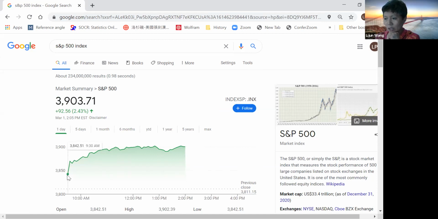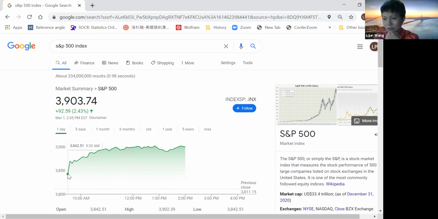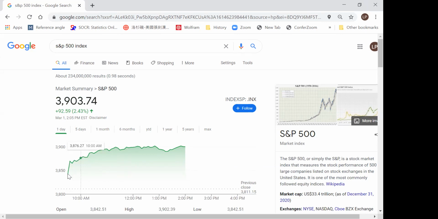Do you see the dot? The red dot, right? This red dot, I'm supposed to move it here, 10 o'clock, 10 a.m. What does this dot tell us?